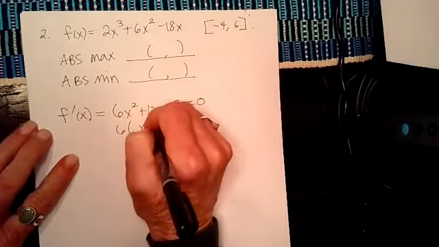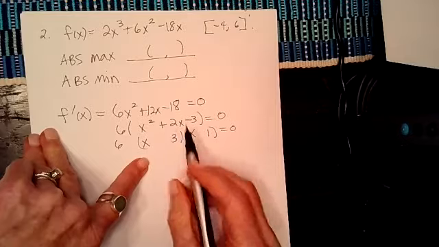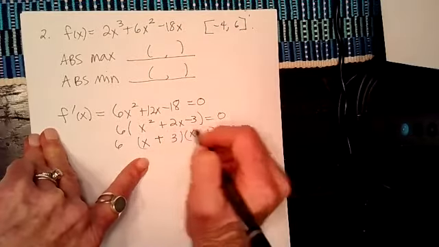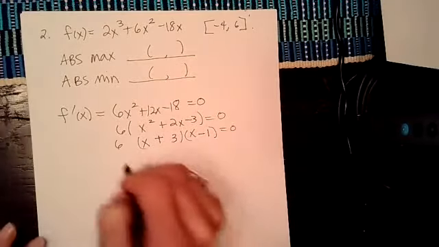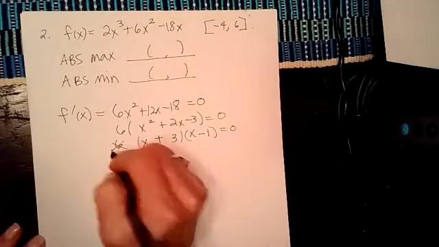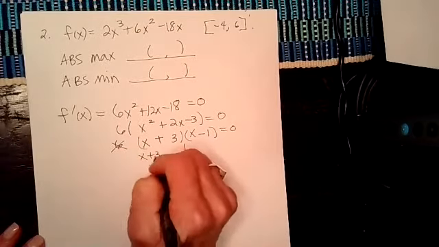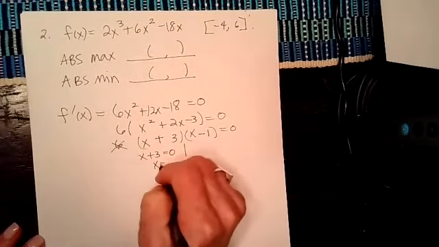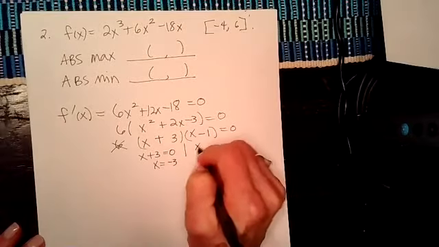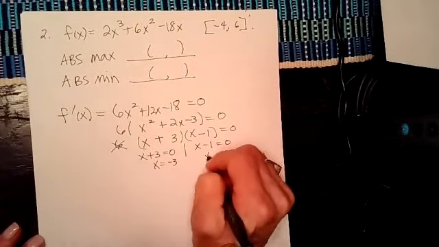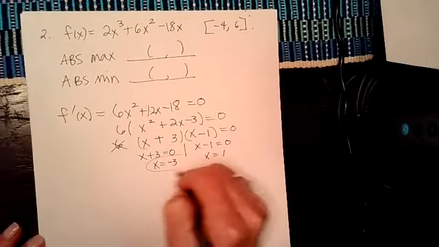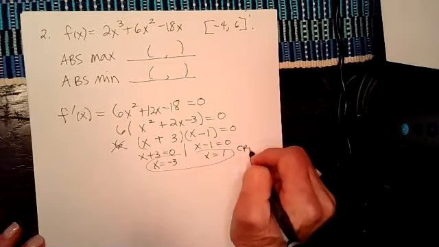So I know those are right. But the only way I can combine 1x and 3x to get +2 is to have +3 and -1. Okay, so 6 is just a factored number. There's no x there. So I set x plus 3 equal to 0, so x is -3. x minus 1 is 0, and x is 1. So these are my critical values.